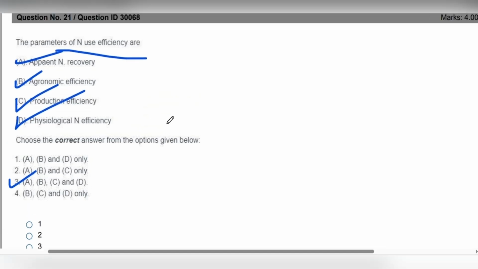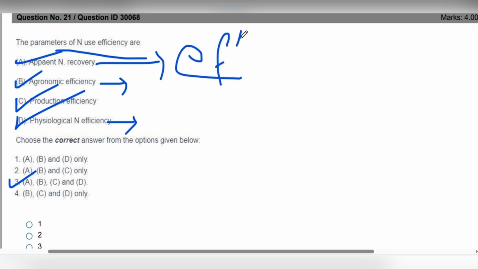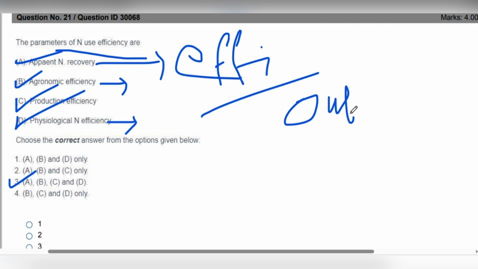You should read the formula of all the efficiencies present there, like agronomic efficiency, what is apparent N recovery, what is recovery percentage, what is physiological N efficiency. All these are N use efficiency. Broadly, you should understand the meaning of efficiency is output by input. This is in general terms. Any efficiency anywhere in the world you see, it means output by input.